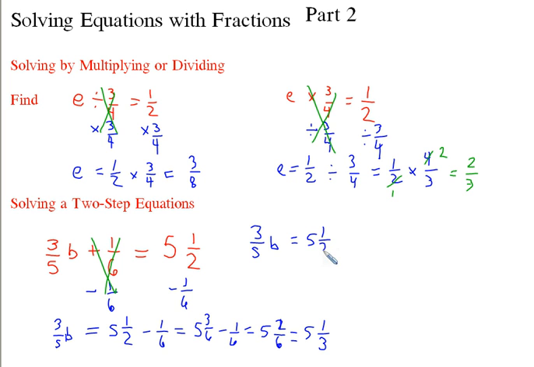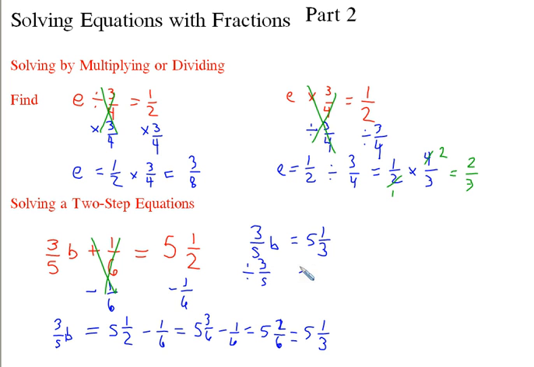5 and 1/3 here. Now I've got to get rid of this 3/5 times b. Remember, 3/5 is in front of the b. That means it's a multiplication problem. So all I'm going to do is divide both sides by 3/5.